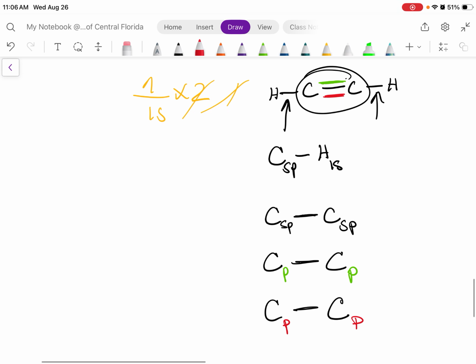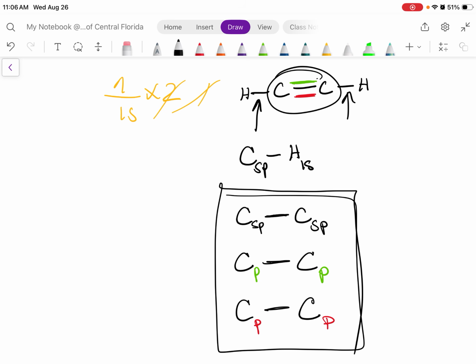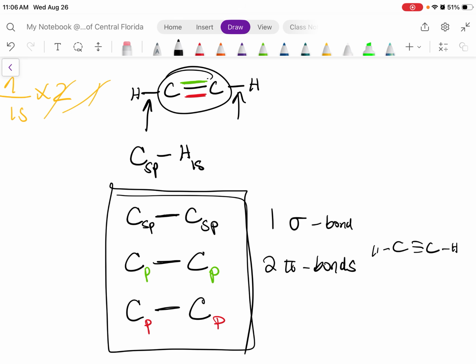And so that's how you would describe the bonding between those two carbons, using all of those atomic orbitals to get that job done. So you could say that that triple bond is going to use 1 sigma bond and 2 pi bonds. And that is our triple bond between those two carbons, like that.